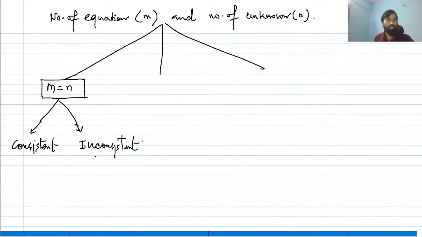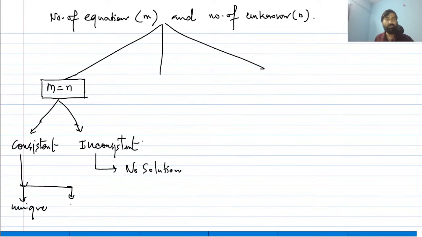Inconsistent means no solution. In the consistent case, you can have two kinds of solutions. One will be unique, and one will be infinitely many.